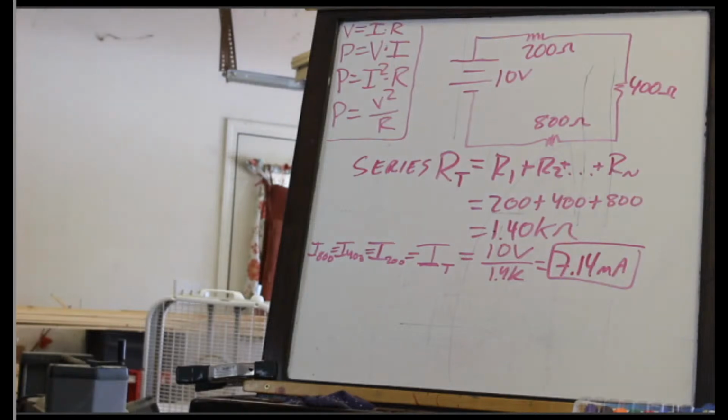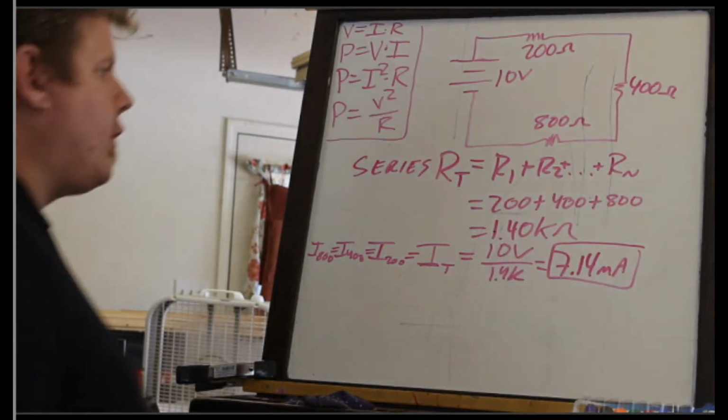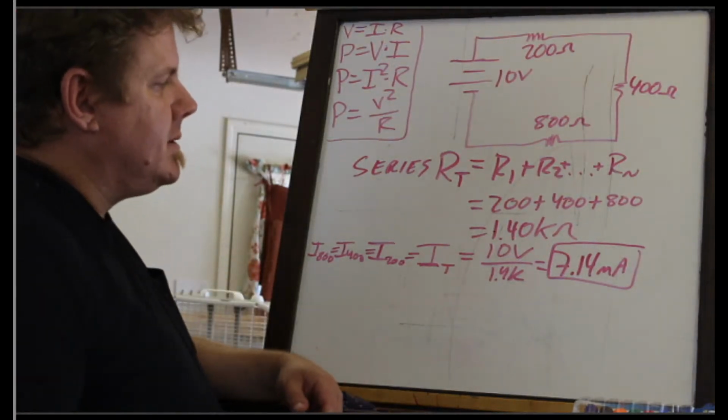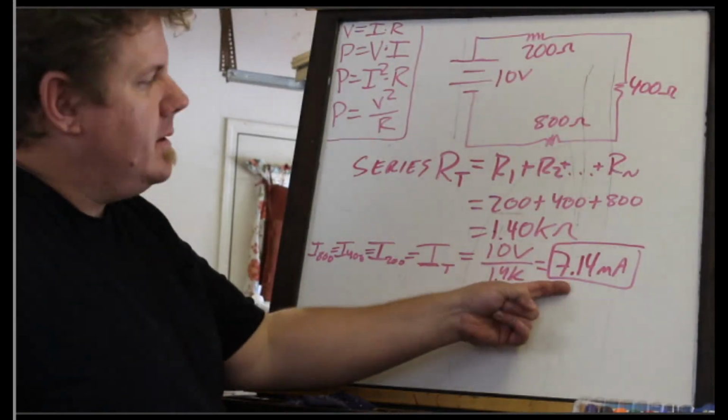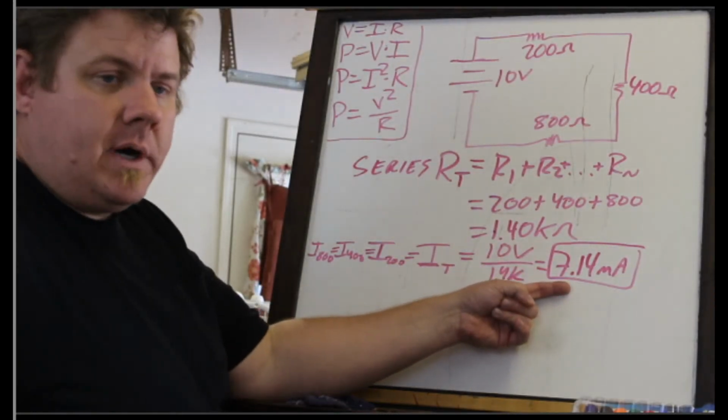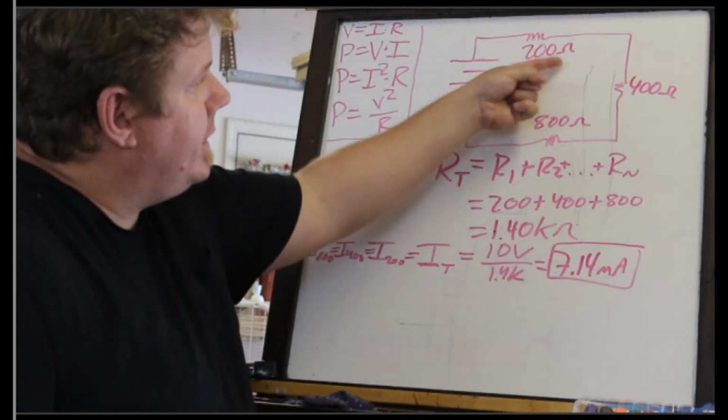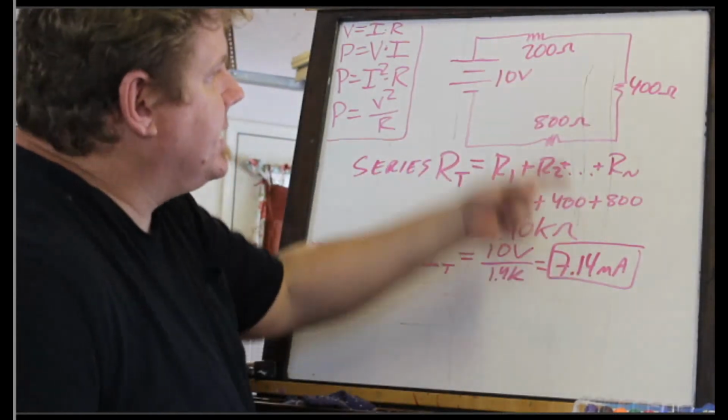Now, for the individual voltages, I know the current through each one, so I just take the current times 200, the current times 400, and the current times 800.